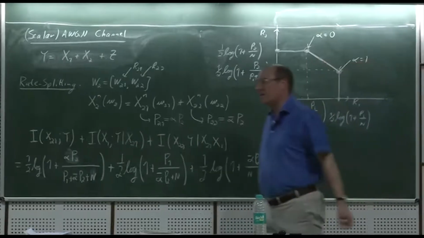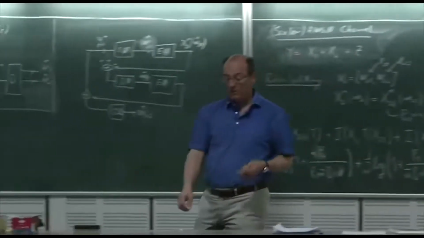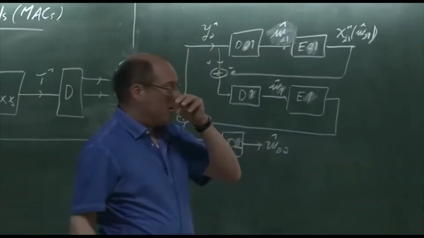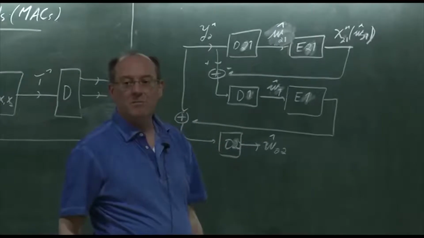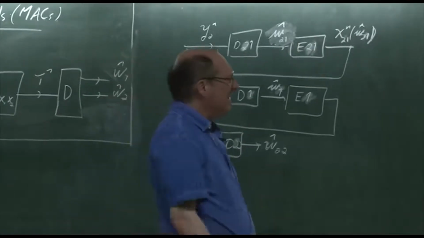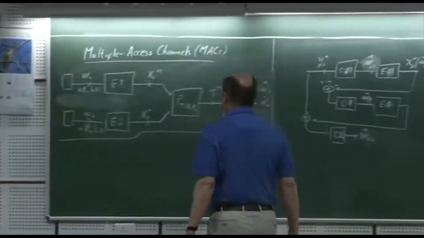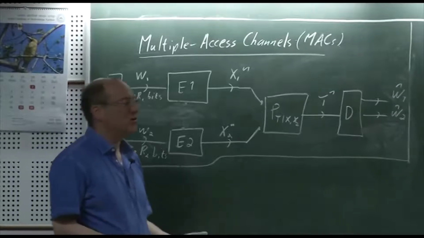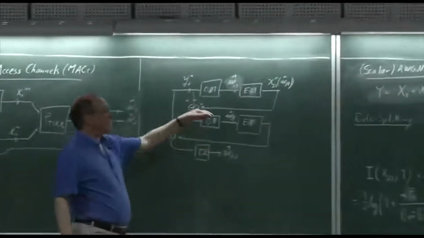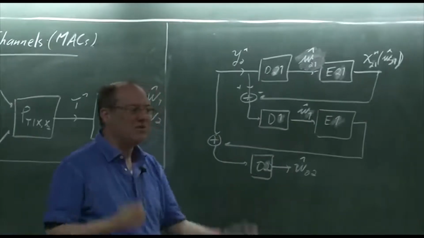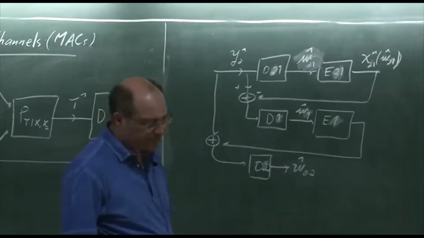So this is one way of getting points on the boundary without time sharing, so we're not wasting time. So practically it's interesting. On the other hand, there is some disadvantage, right? We do have to create 3 code books, so we have to make sure they're all good. We're now doing successive interference cancellation with 3 levels. Again, you know, the implementation's a little bit tricky and so on.